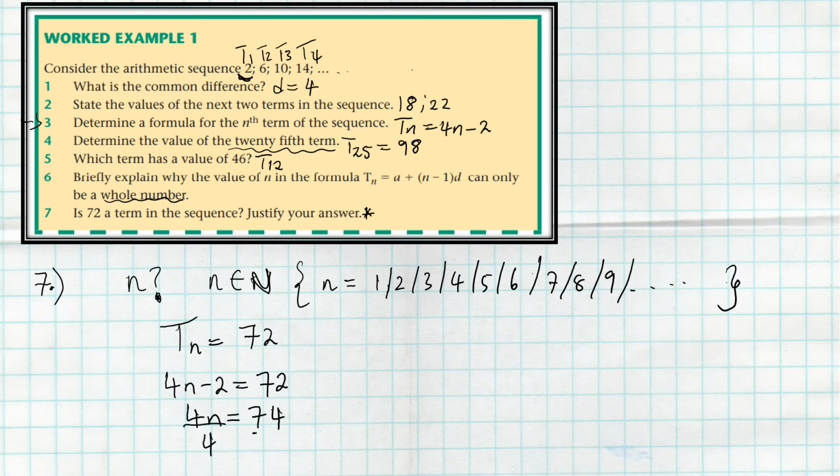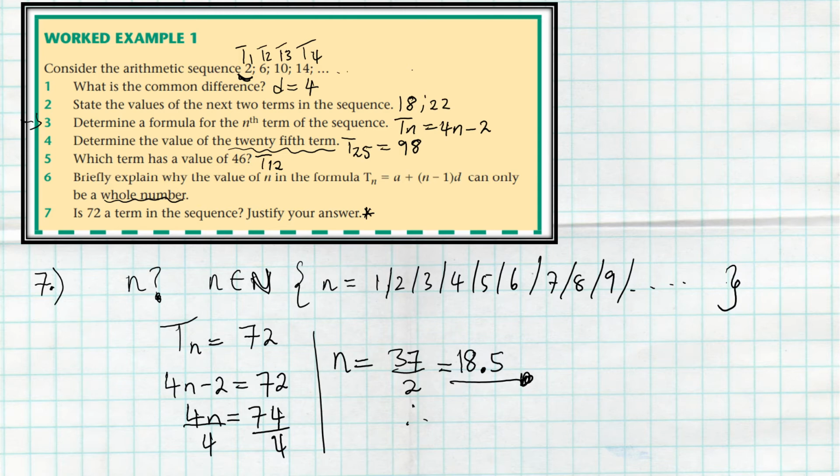We divide by 4, then our n is 74 divided by 4. It's giving me 37 over 2, which is 18.5. Is it a natural number? No. 18.5 is not a natural number.